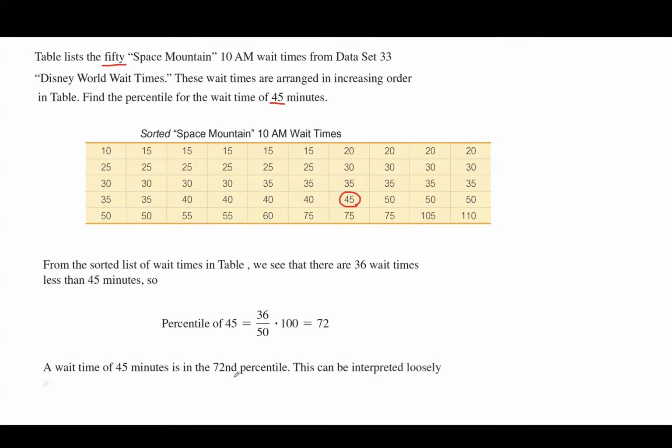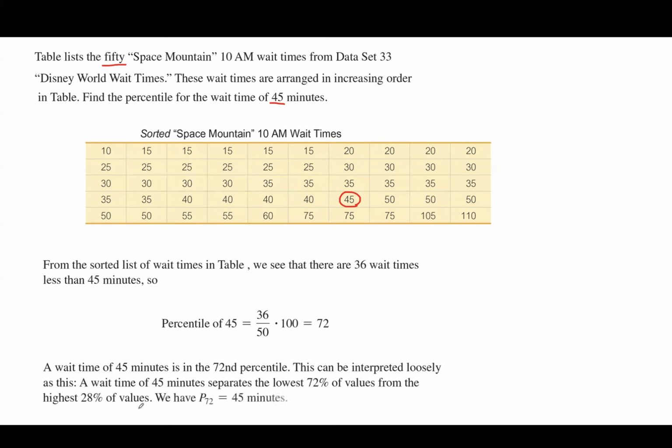This can be interpreted as a wait time of 45 minutes separates the lowest 72% of values from the highest 28% of values. And we write P sub 72 to be 45 minutes.